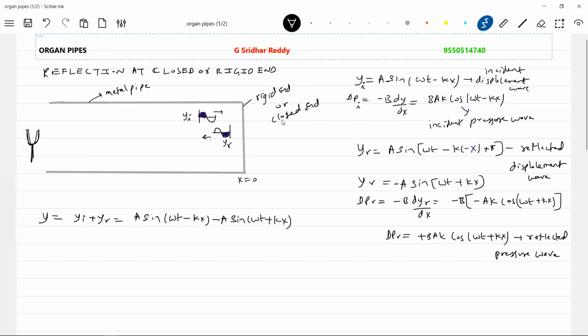So at x equals 0, where is that closed end located? Rigid end or closed end at x equals 0. I'm interested in what will happen to the layer of the medium which is at the closed end. The closed end will become like one layer. So for that, we put x equals 0. It will become a sine omega t.